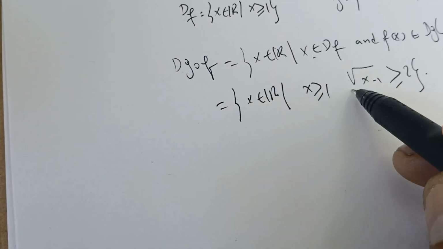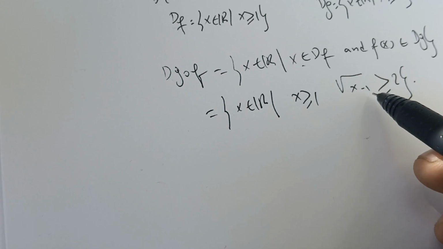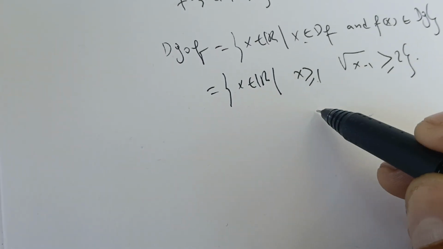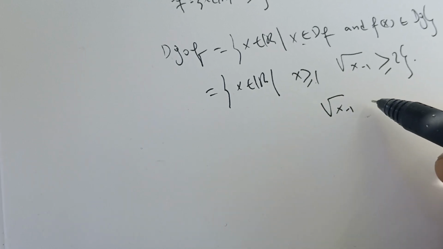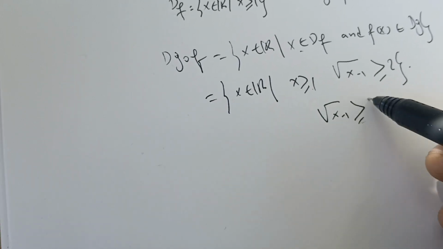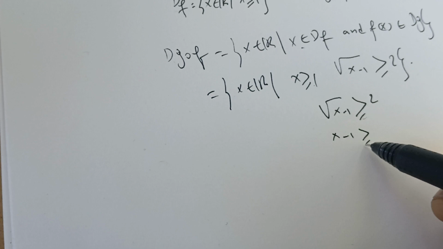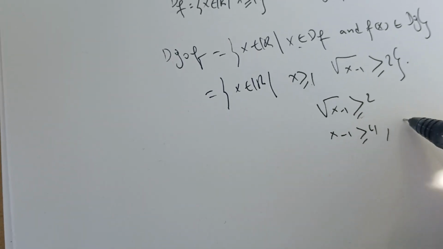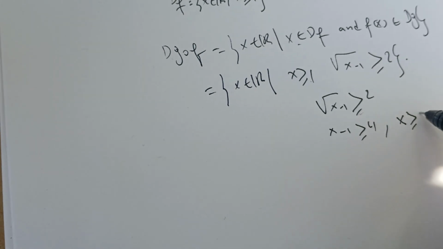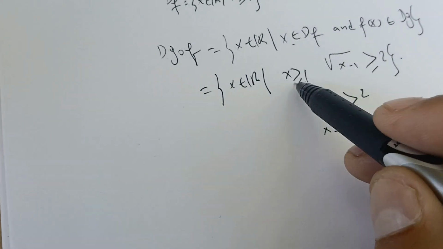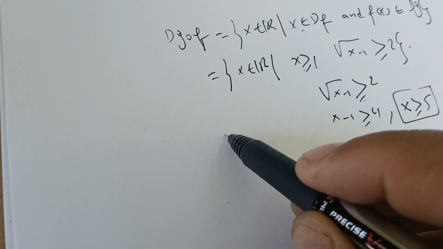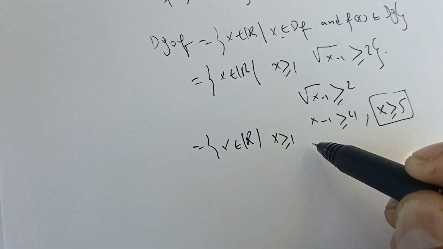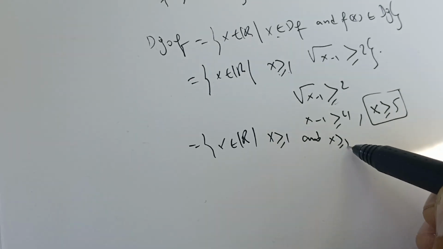So we need to see what these two conditions give. We have x bigger than 1 and this one here. So the square root of x minus 1 bigger than 2 gives us x minus 1 bigger than 4, and we add 1 to both sides, we get x bigger than 5. So we have x in R such that x is bigger than 1 and x is bigger than 5.